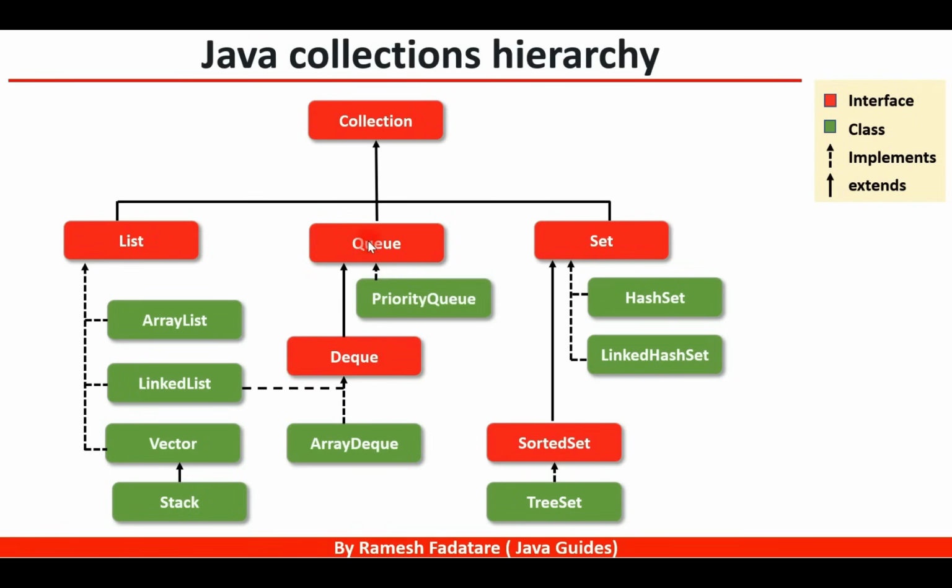And here we have the Queue interface. It has several implementations, like PriorityQueue, the common implementation of the Queue interface. And here we have the Deque interface, which extends the Queue interface, and the ArrayDeque implementation class, which implements the Deque interface. Alright guys, these are the commonly used interfaces and their implementation classes.